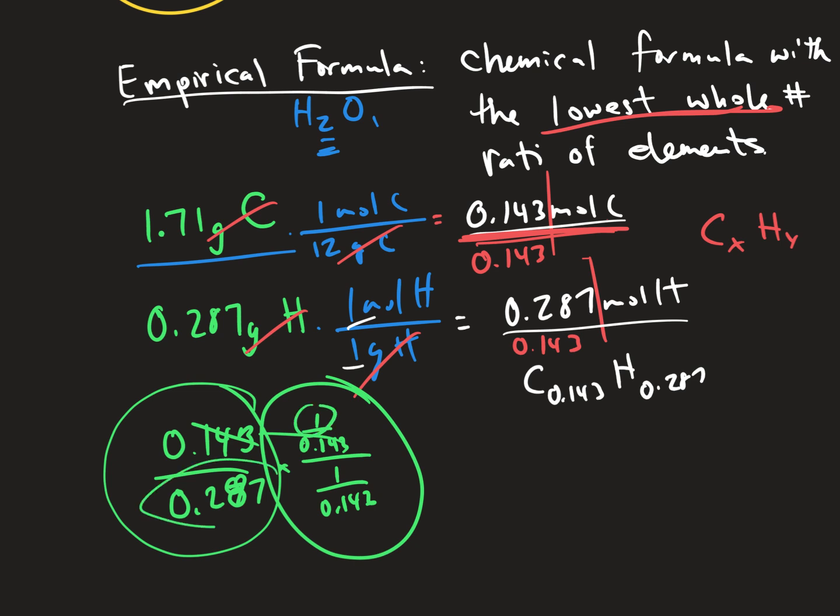And then we divide this by 0.143, and what's it going to be? So we have a 1 to what ratio? 2. 0.287 divided by 0.143 is 2. So now we have a smallest whole number ratio. Carbon's going to be 1, hydrogen's going to be 2. We don't write the 1, so we just write CH2.